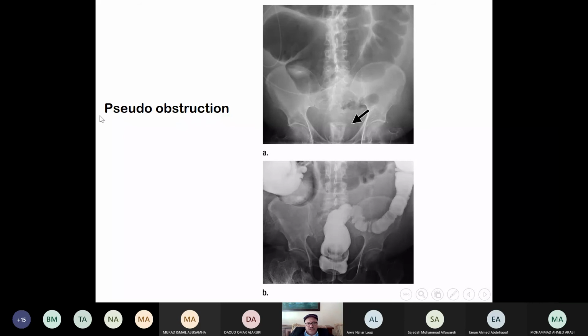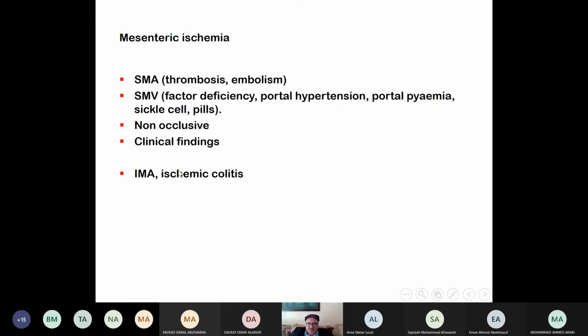Pseudo-obstruction is the functional type of chronic obstruction where there is no mechanical obstruction, but the colon is not working. It is similar to the paralytic ileus that occurs in the small intestine. Few words about the vascular insults, because we consider it a type of intestinal obstruction.